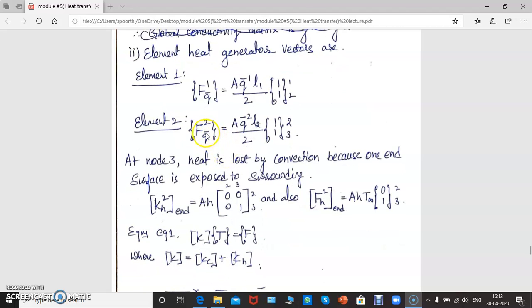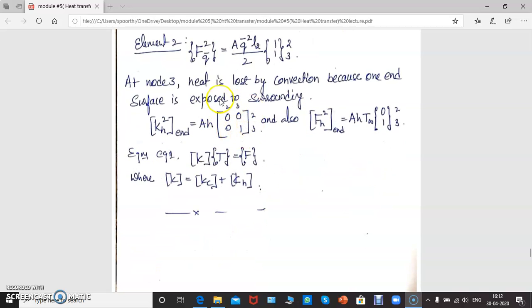At node 3 heat is lost by convection, that is what I said on the right side, because one end surface is exposed to the surroundings. So that equation also you can write. So finally this is the equilibrium equation, and you can find out K, you can find out T, you can find out F, put them together and that will be the equilibrium equation.